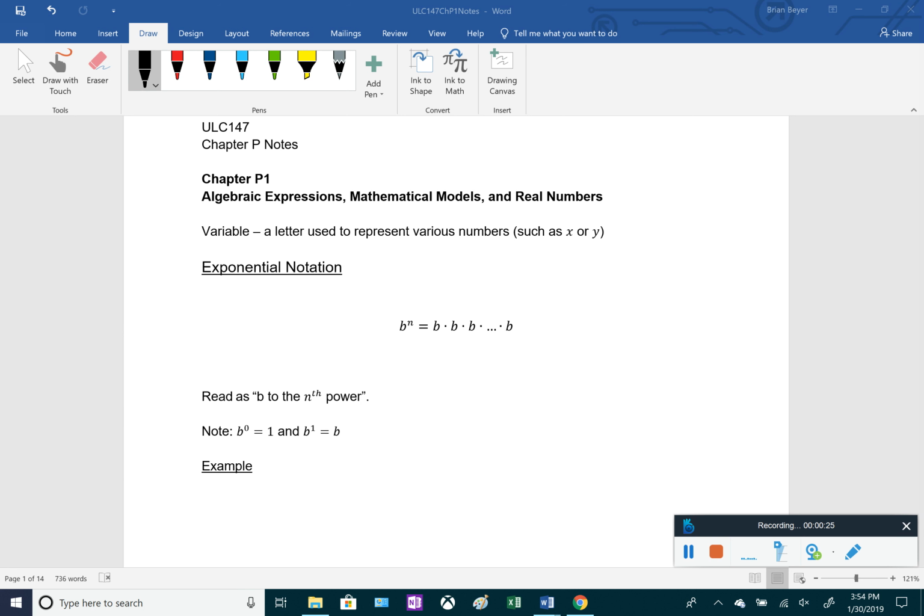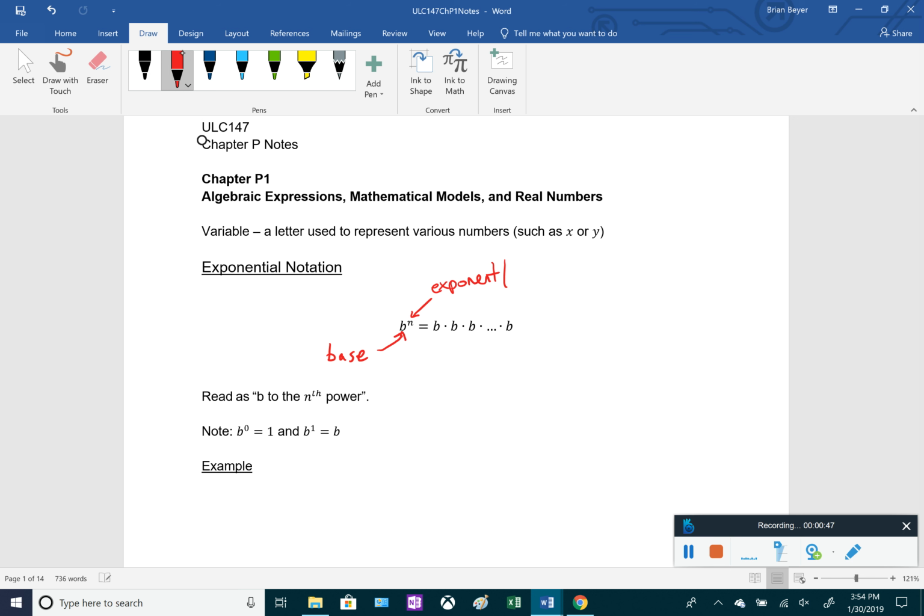So getting into exponential notation is going to be what we have here, b to the n. So this b is the base, which is why I'm writing it as a b. The n up here is the exponent, so it's a superscript.